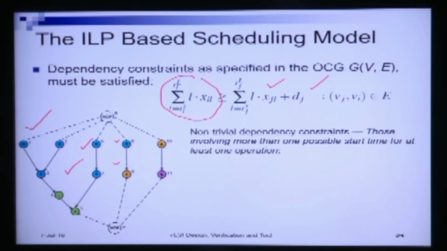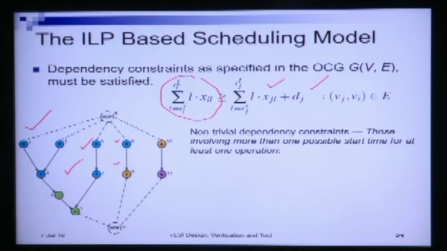So, what did we say, that all operations in the critical path, operations 1, 2, 3, 4, 5, all of them have only one possible start time. So, there a trivial constraint will always exist. That means that operation 4 should only complete after operation 3.